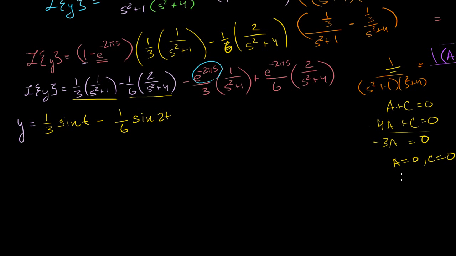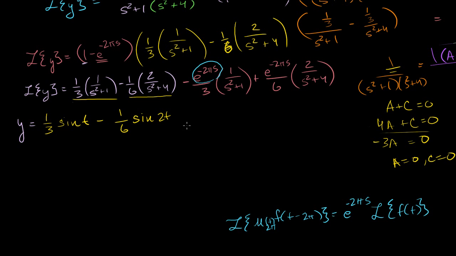And there we just have to remind ourselves that the Laplace transform of the unit step function at 2 pi times f of t minus 2 pi is equal to e to the minus 2 pi s times the Laplace transform of f of t.